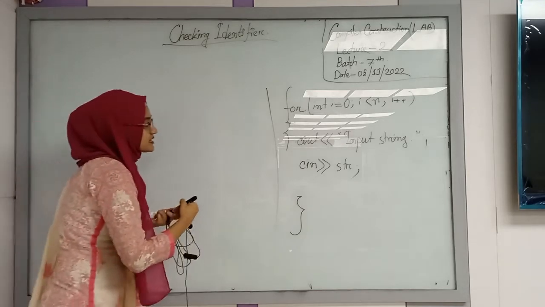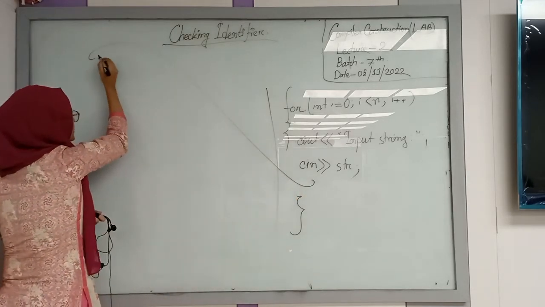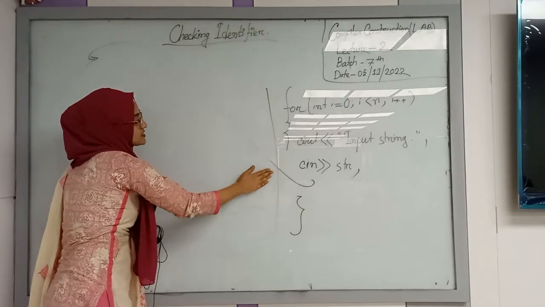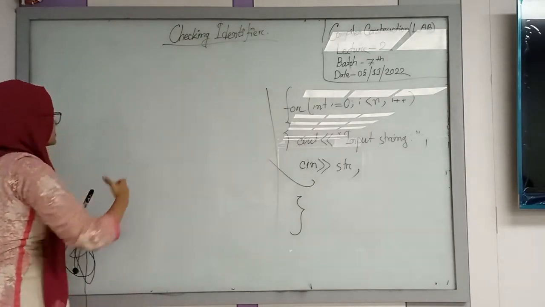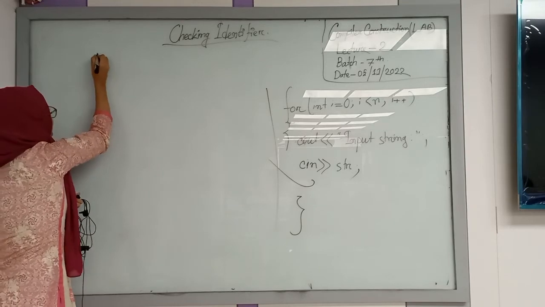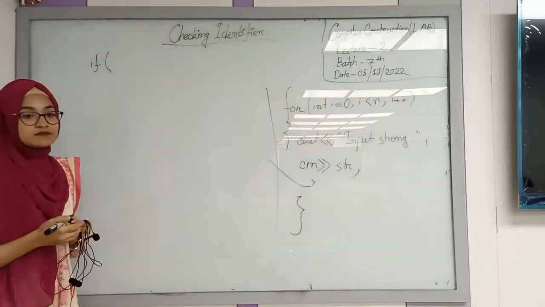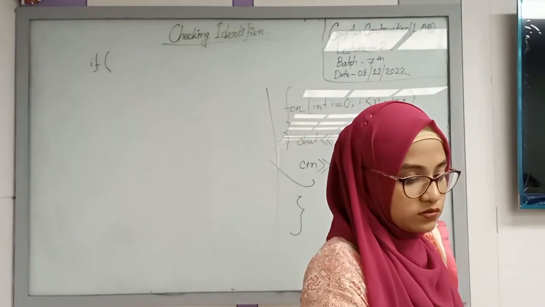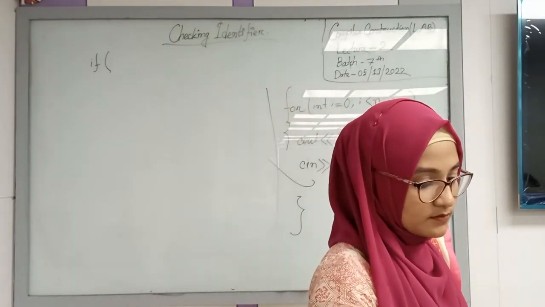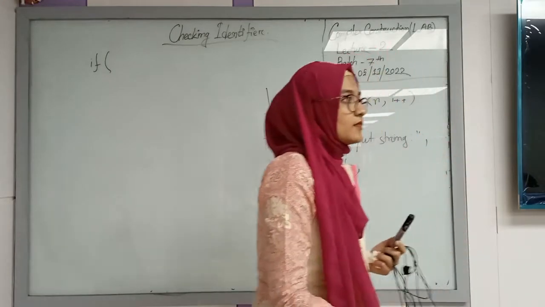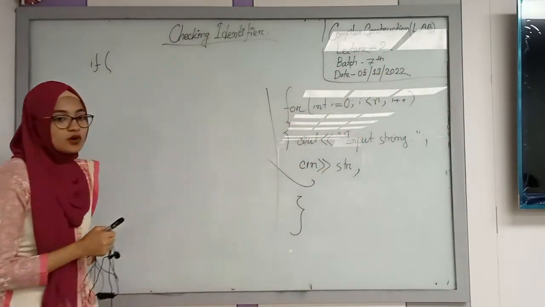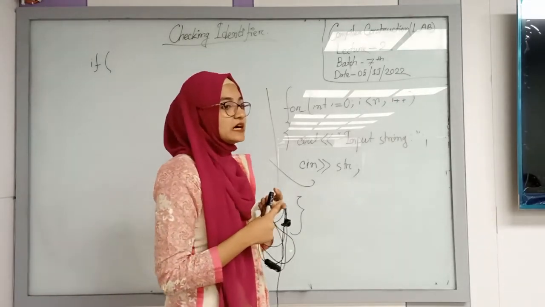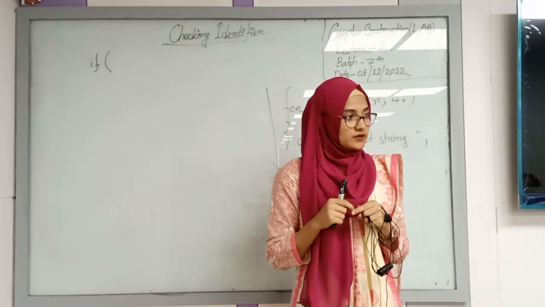Now inside this for loop, we need to use the conditions. What is the first condition for being an identifier? Okay, so it will contain alphabets, digits and the special character underscore, right?